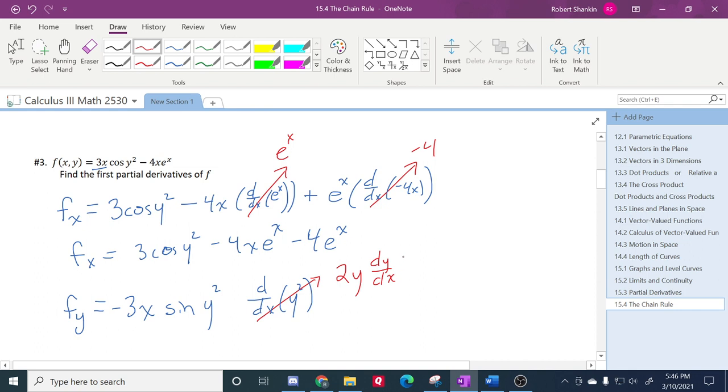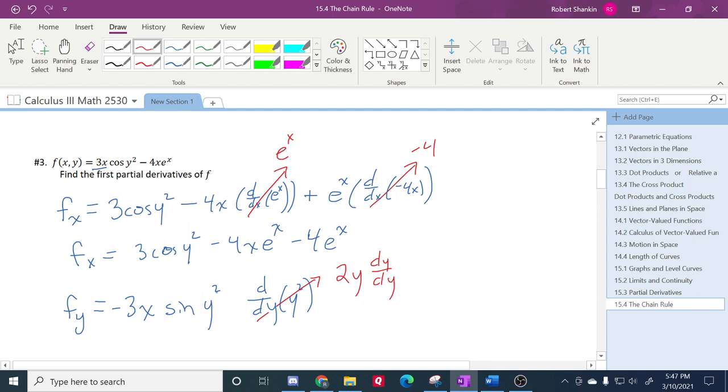Hold it. Into old habits. This is dy dy, because I'm taking the derivative with respect to y, and then you don't really need the chain rule. You just get dy dy.